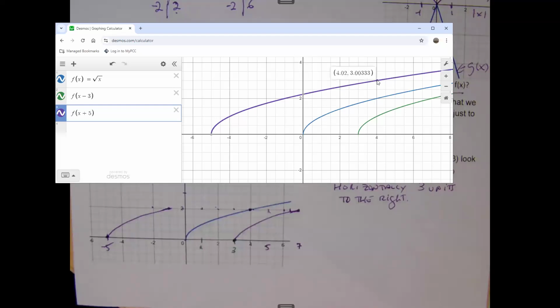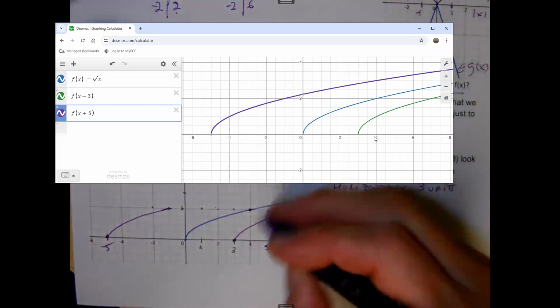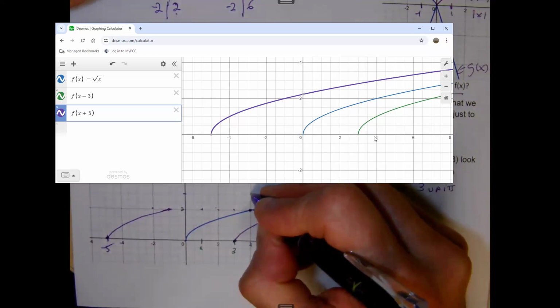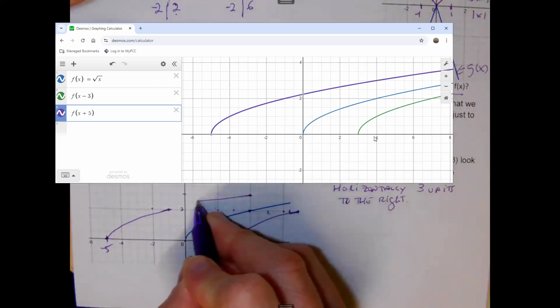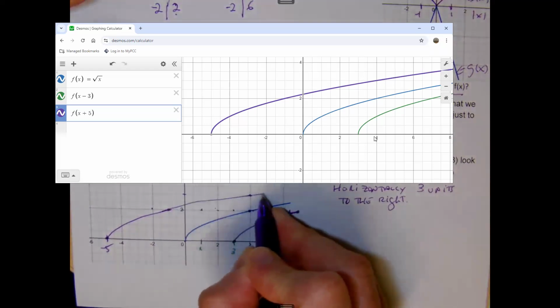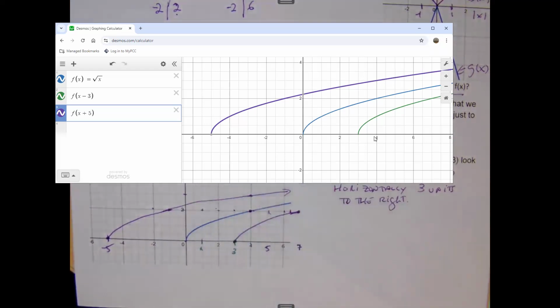So now there's a 3. The output of 3, in other words, square root of 9 is 3. There's the 3, and it's now happening at 4. So at 4, I'm getting the 3 to pop out. I'm getting this picture here.